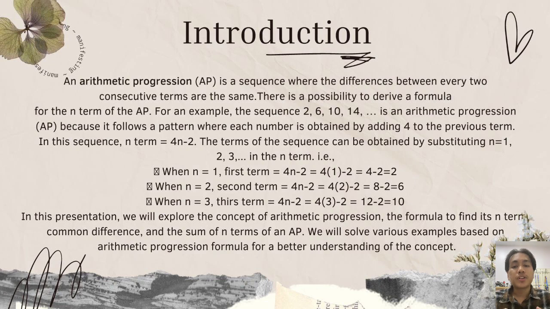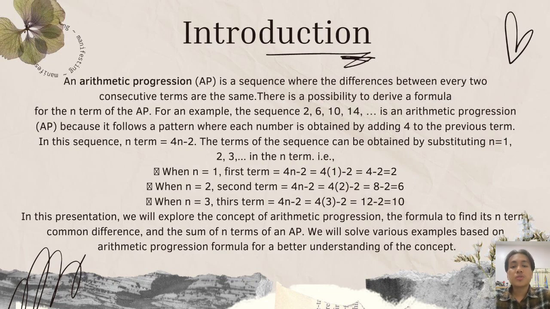For example, the sequence 2, 6, 10, 14 is an arithmetic progression because each number is obtained by adding 4 to the previous term. In this sequence, the nth term is equal to 4n minus 2.